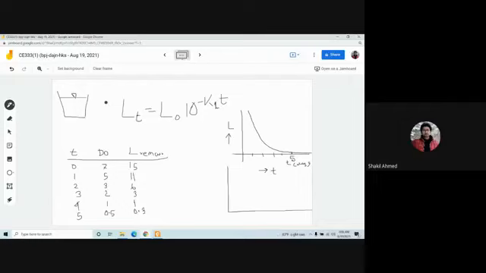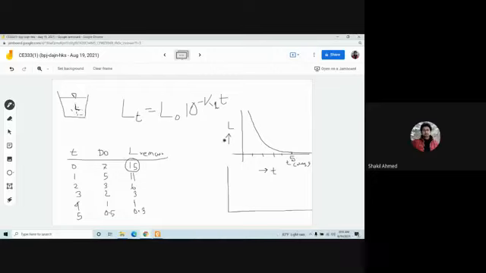Now if I tell you guys that at time t equal to 0, what was the organic matter present in this sample? What did you say? 15. 15, right? You need to know the 15. Fine.